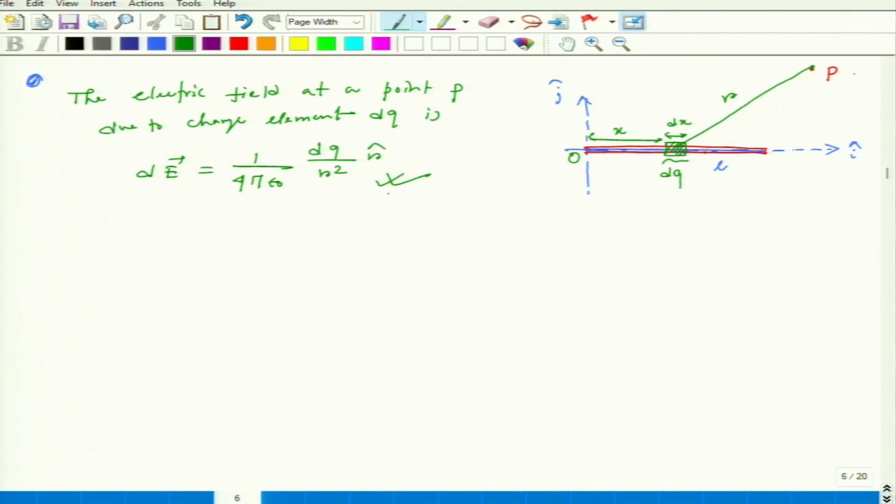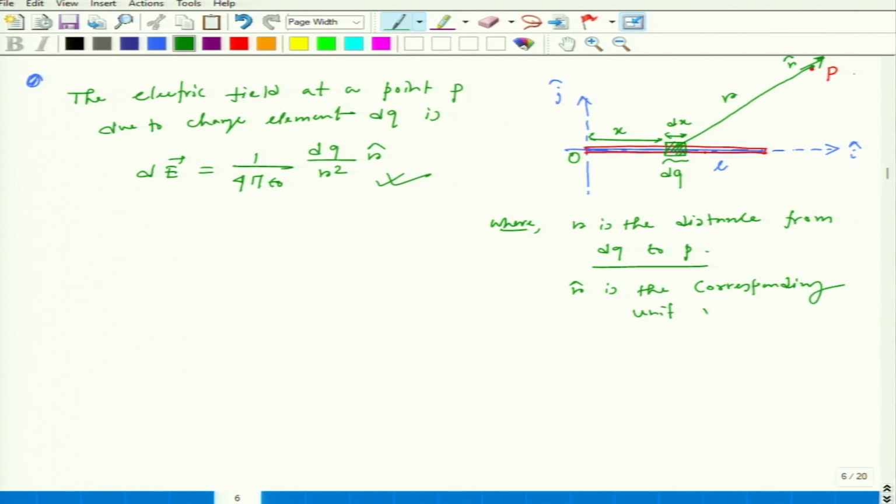Here r is the distance from dq to P, and r cap is the corresponding unit vector.